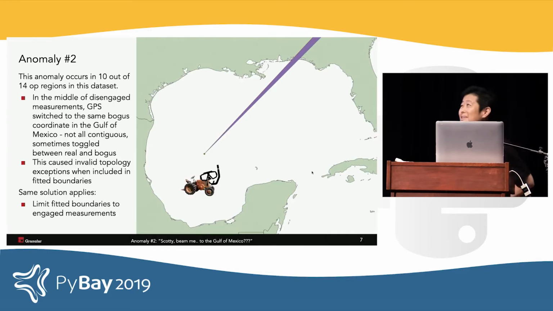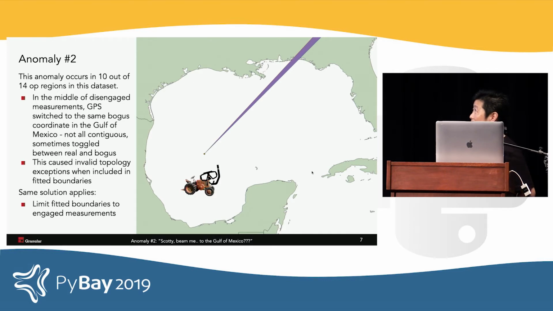Going back to our favorite question, why is my tractor with the snorkel in the Gulf of Mexico? This one is kind of interesting because this happens throughout the data set, and it's intermittent. But on further analysis, what I found was that it's a single coordinate out to 6 digits of precision.